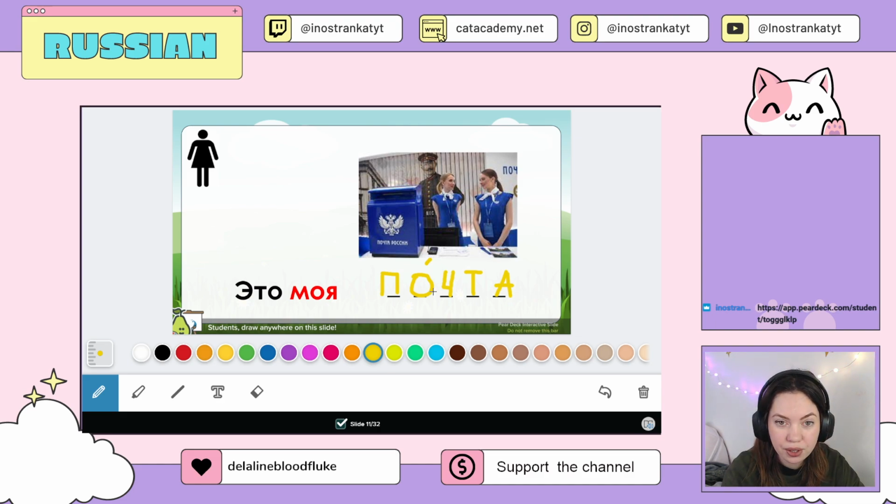Почта is a post office or just basically the post that you get. Like when you go to check your mailbox, everything that is inside is also called почта. We can say проверь почту, like check the post, check the mail. It doesn't mean that only there will be some envelopes or letters or newspapers. It could be just everything together. Проверь почту. Хорошо.